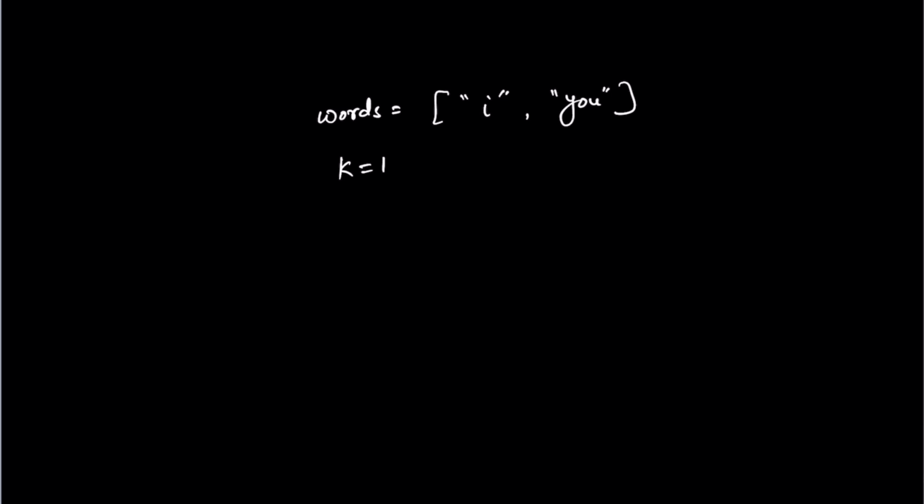You can see that I appears 1 time and U also appears 1 time. What will be my answer? The problem says that whenever there is a tie, you need to follow the lexicographical order. In the lexicographical order, I comes first before U, and so our solution will be I.